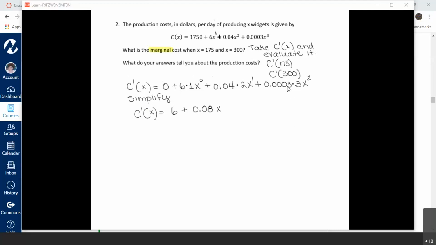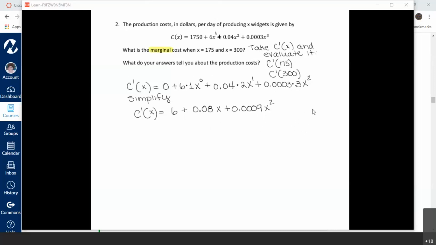And then this 3 10,000ths times 3 is going to give me 9 10,000ths x. All right, so there is my cleaned up derivative. But that was just all algebra. Actually, most of it was arithmetic.